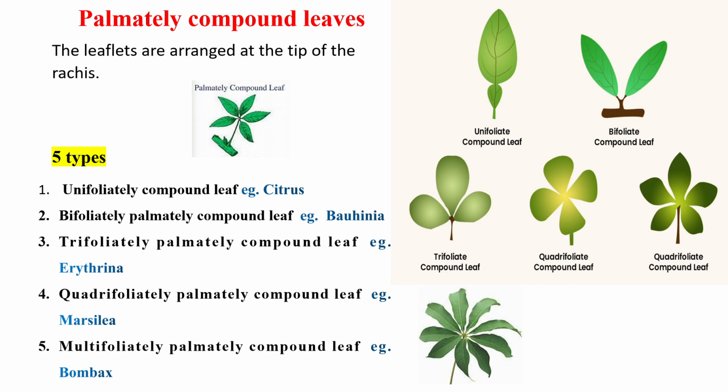Bifoliate compound leaf consists of two leaflets, example Bauhinia. Trifoliate compound leaf consists of three leaflets, example Erythrina. Quadrifoliate compound leaf consists of four leaflets, example Marsilea. Multifoliate compound leaf consists of five or more leaflets, example Bombax. Thank you.